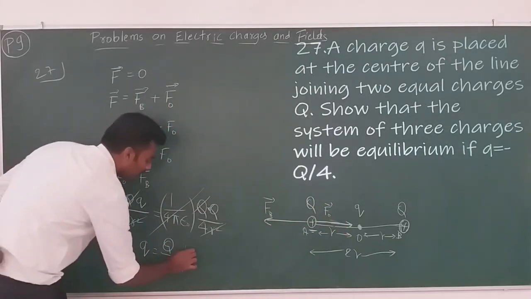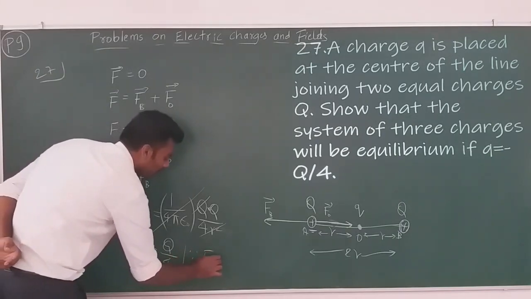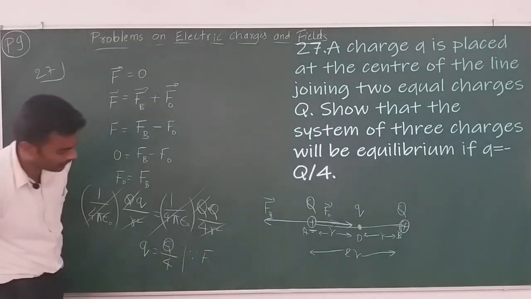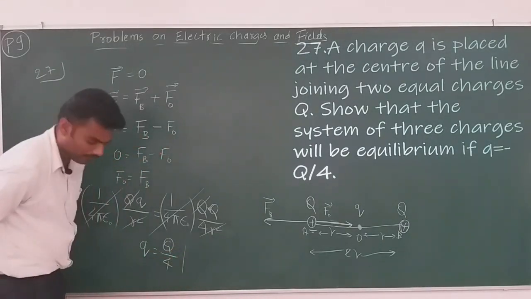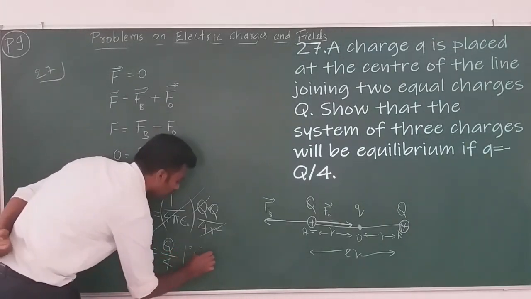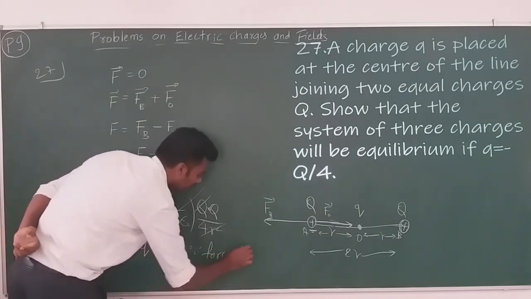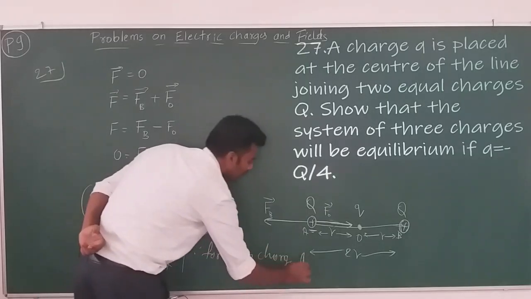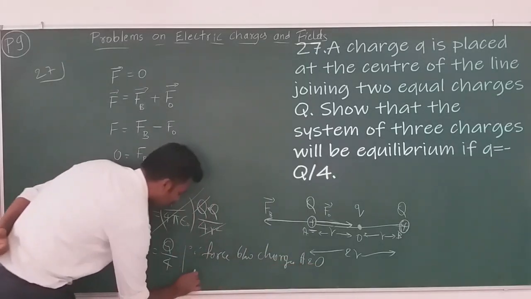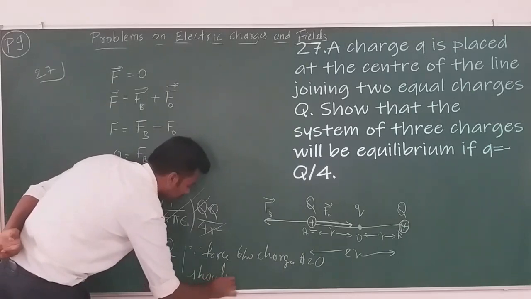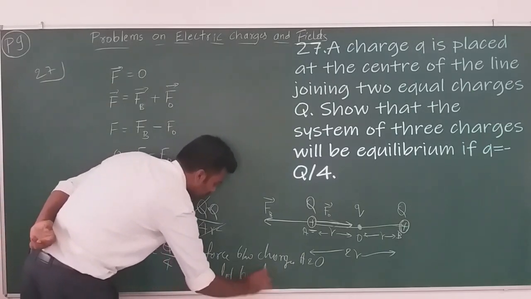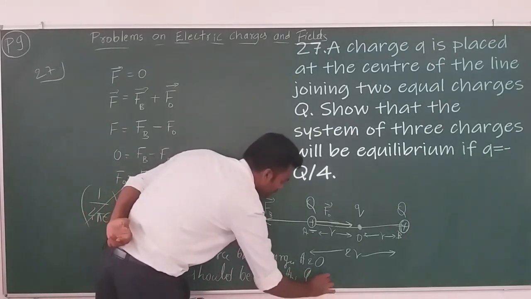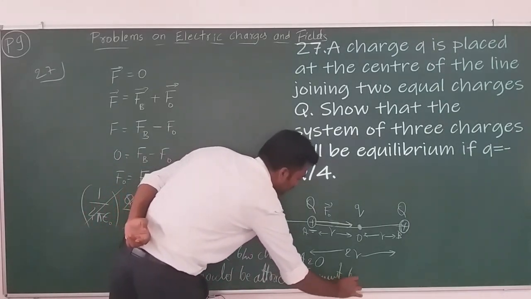Since the force between charges A and O should be attractive, q must be negative.